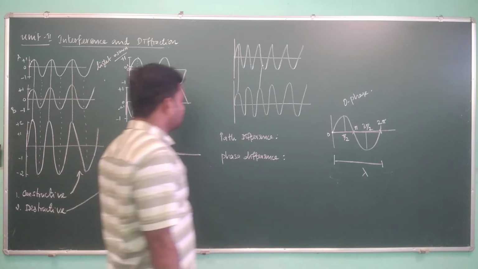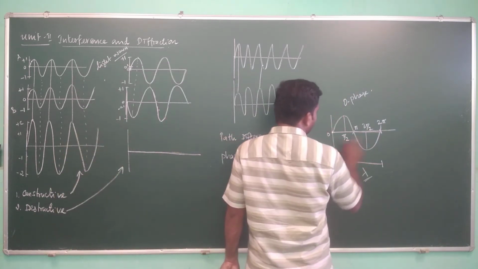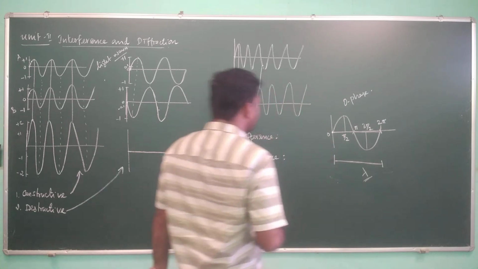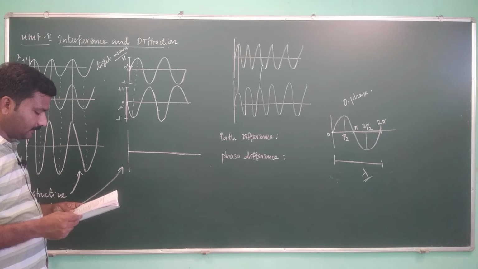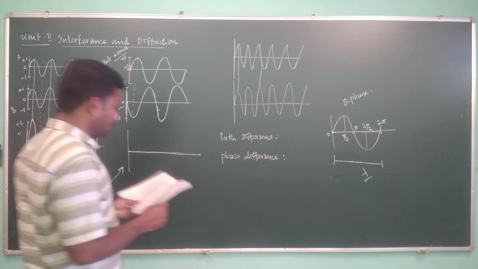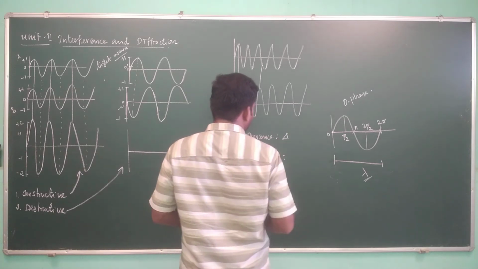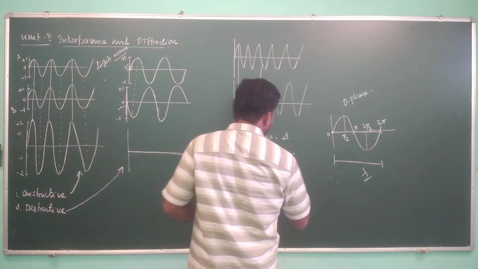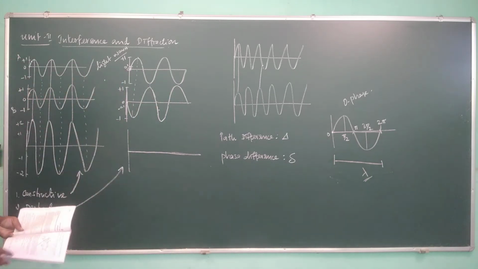So what is path? Path you can express in terms of lambda, wavelength. Path difference you can express in terms of lambda, wavelength. Fine. So path difference can be expressed in terms of capital delta. Phase difference will be small delta.